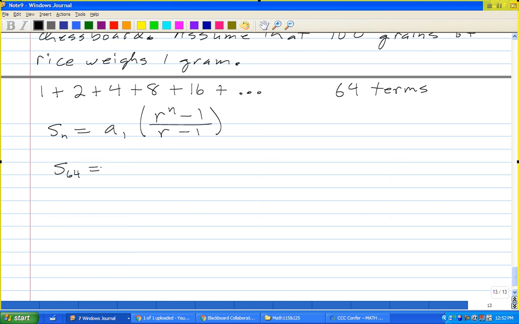Well, the first term is 1, and we get 2 to the power 64 minus 1 over 2 minus 1. And so 2 minus 1 is just 1. And so we get 2 to the 64 minus 1. Okay, so that's a large number.